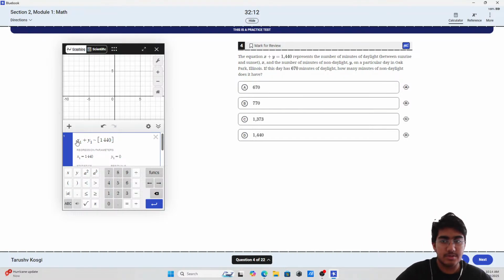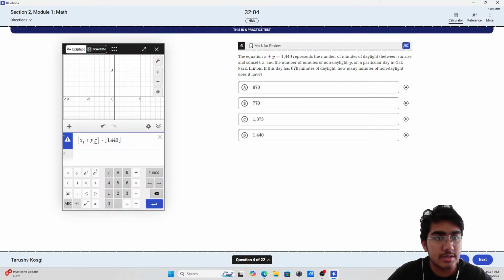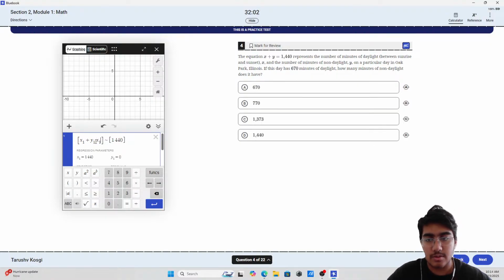I'm gonna practice using regression, even though you really do not need it here. So the minutes of daylight is x. So x1 is equal to 670.